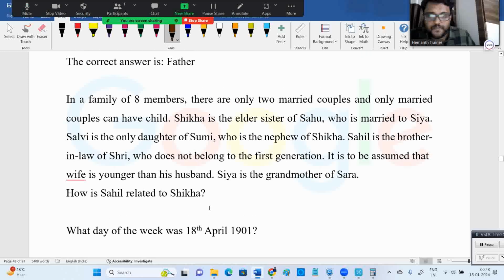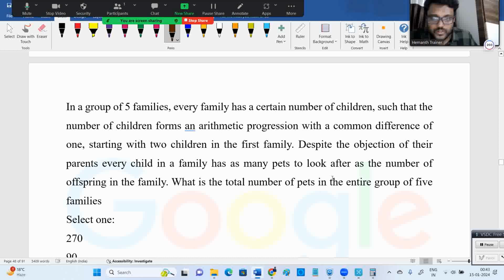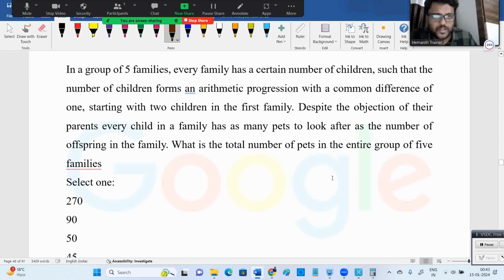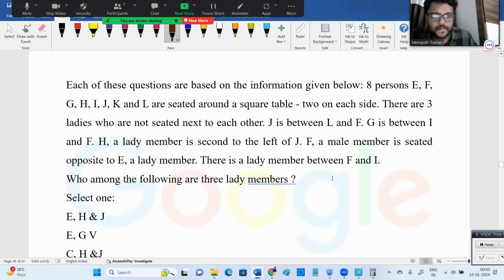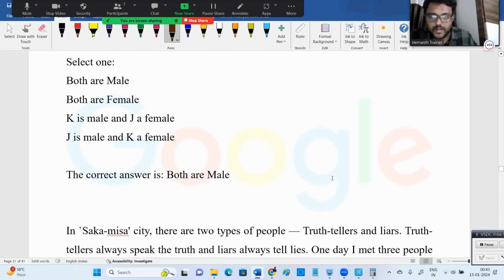So in a family of 8 members, we have a lot of questions related to that paragraph. That paragraph will be addressed.